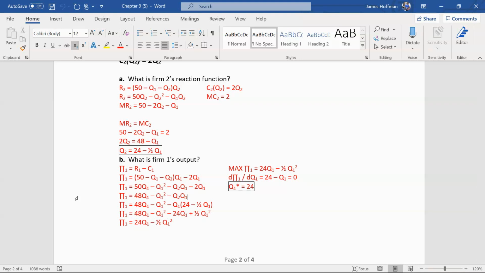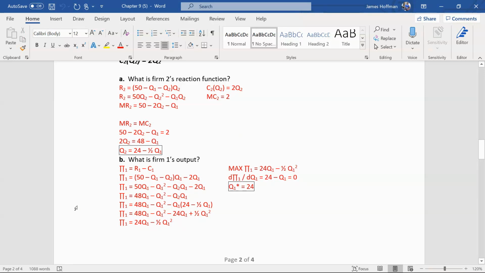And then the next step is to plug in firm 2's reaction function, because firm 1 wants to choose its output based on what it calculated that firm 2 will do as a follow-up. So just plug in firm 2's reaction function into Q2. So that goes here.